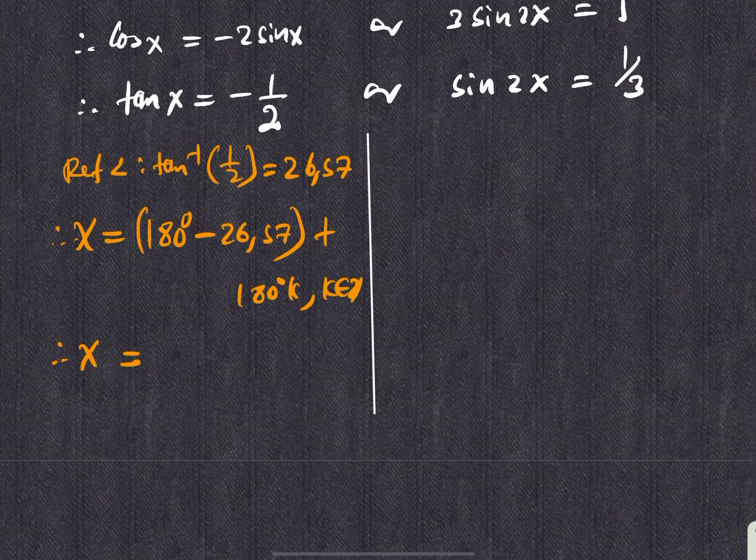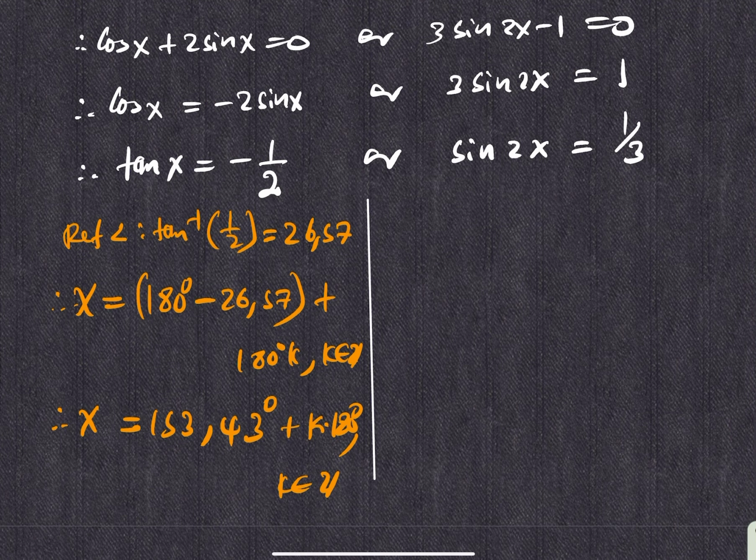Therefore, the general solution is going to be, let me type it, I'm getting 153.43 degrees plus k times 180 degrees, where k is an element of integers.